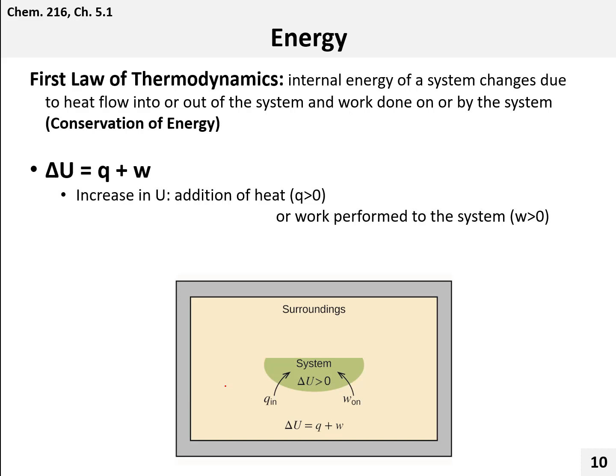The first law of thermodynamics states that the internal energy of a system changes due to heat flow into or out of the system and work done on or by the system. In other words, we have conservation of energy. This can be symbolized by this equation here. Delta U equals Q plus W, where Q is heat and work is W.